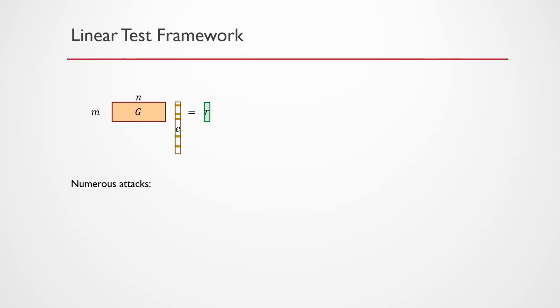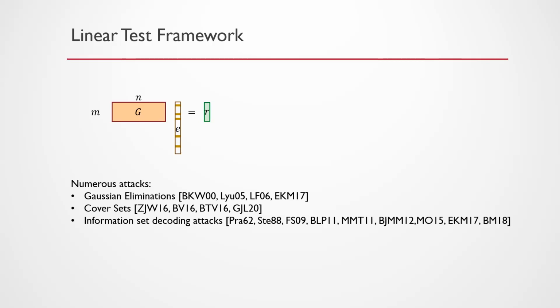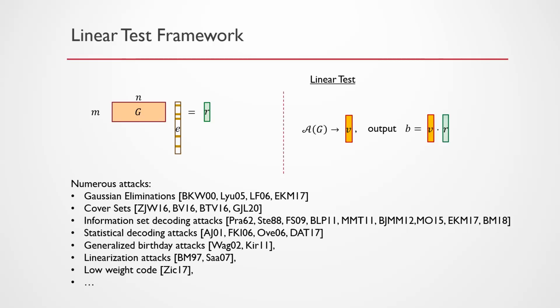Well, there's been numerous people working on this problem for quite a long time, and there's been a whole cottage industry of attacks that people come up with, and many more. But one nice observation that some of the previous works have made is this linear attack framework, or linear test framework.